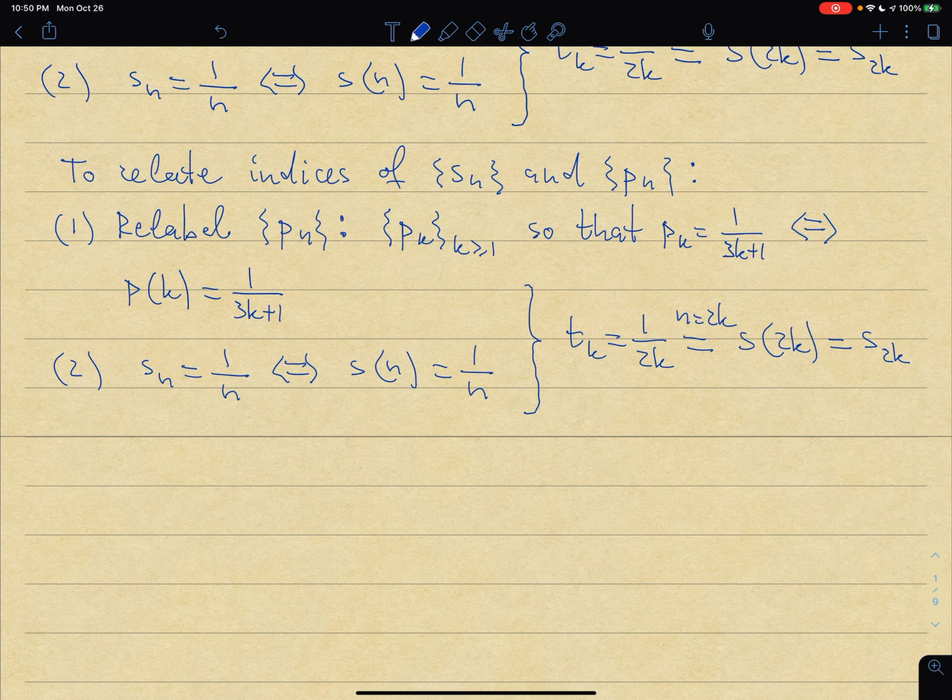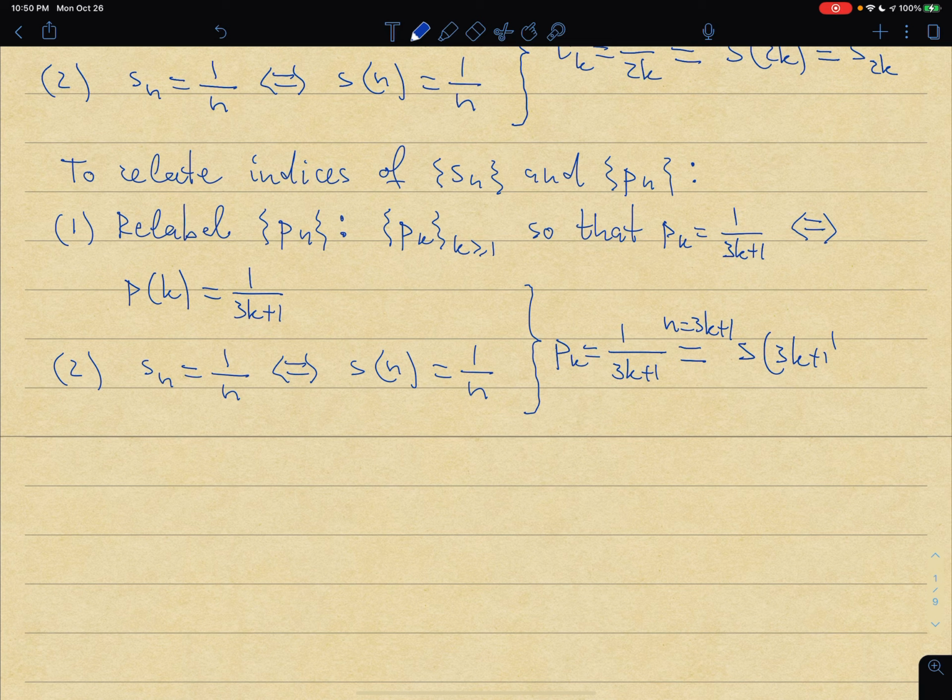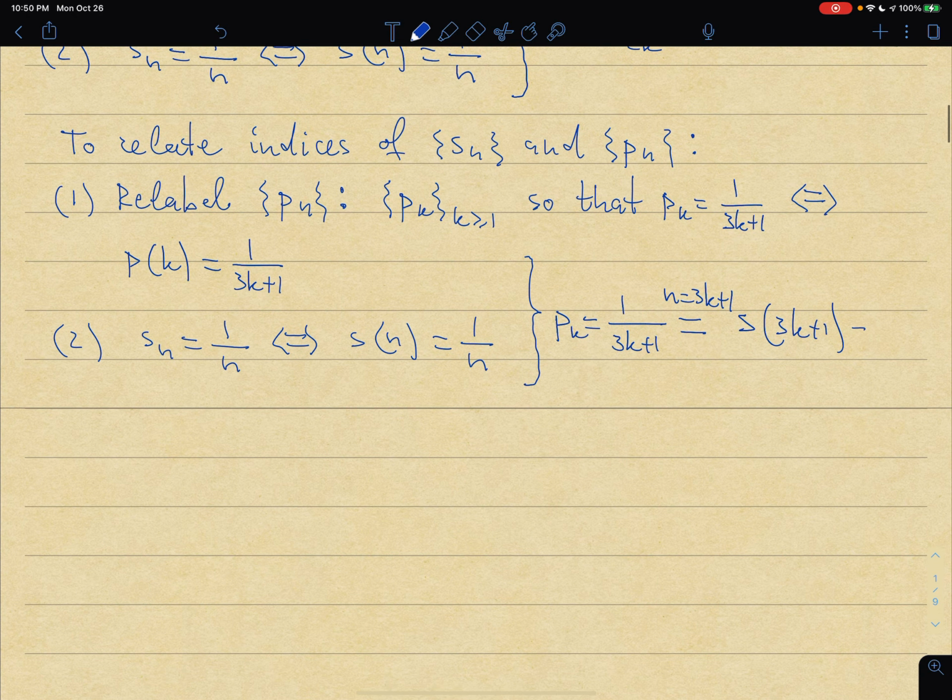So if I think about Sn as a discrete function, S of n equal to 1 over n, then what is my pk? pk is 1 over 3k plus 1, 1 over an integer, which I call S. So if I make n equal to 3k plus 1, this will be S of 3k plus 1.